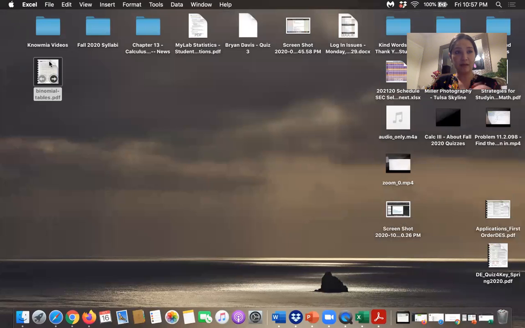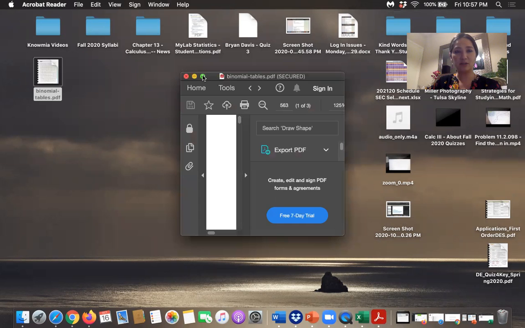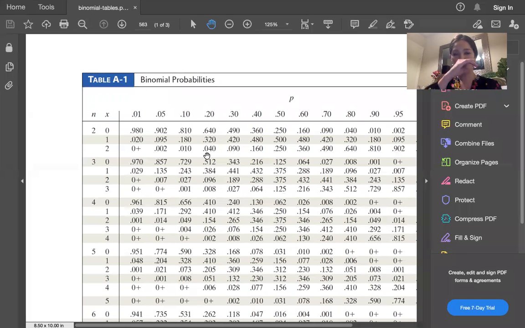This is the binomial table that will be provided to you during your exam if you're taking my course. So we've got the number of trials here. We've got N in this column, and then we've got the number of successes in N trials here. And we have N equals 4 trials.